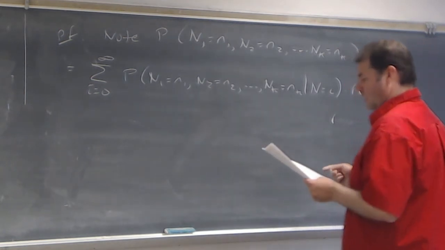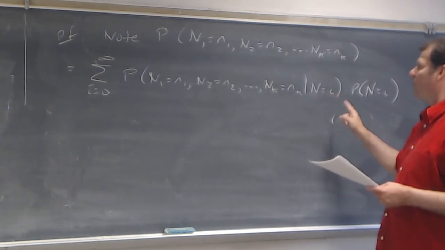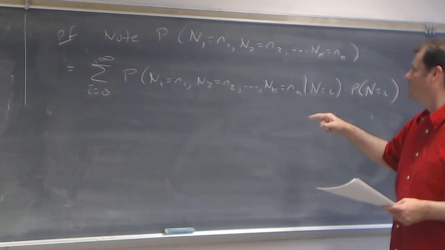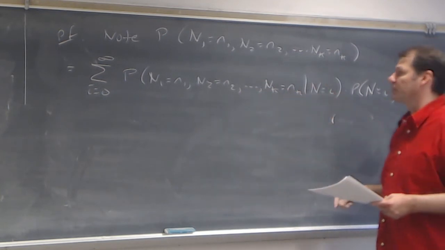Well, the thing to notice here is that for all the times that i doesn't equal the sum of little n sub 1 plus little n sub 2 all the way up to little n sub k, this probability is going to be equal to 0.